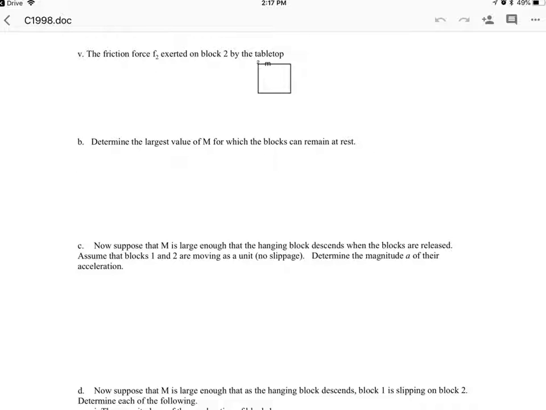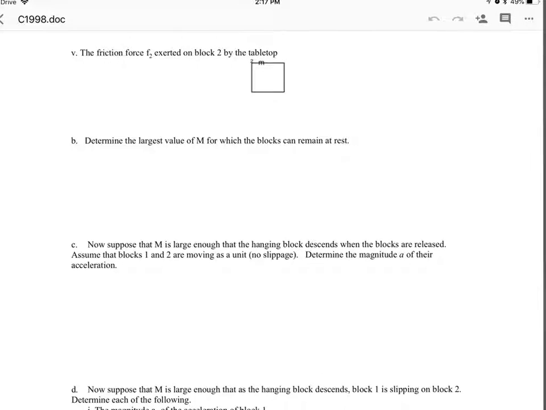The next step is the frictional force on block 2. So block 2 is not sliding, so friction is holding the object back, and that's frictional force 2. However, what else is acting on that block is the tension pulling it to the right.